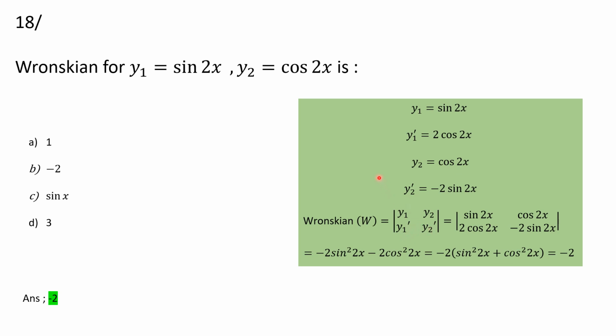First of all we have to calculate the values of y1 dash and y2 dash. Here y1 dash would be 2 cos 2x and y2 dash would be minus 2 sine 2x. By putting the values here, we find that the Wronskian value would be minus 2. So option B is the correct answer, which is minus 2.